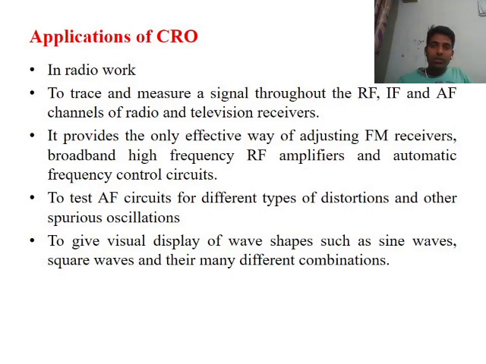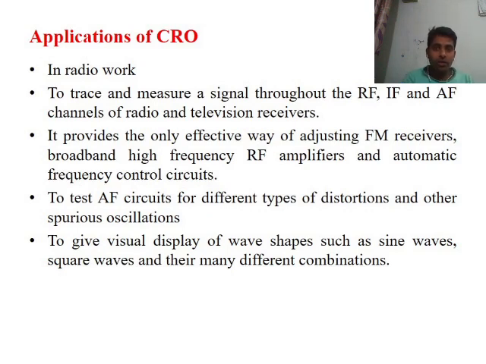As we know, the CRO is majorly used in circuit labs, especially for radio work, to feed signals to the circuit and to measure the signal shape, frequency, amplitude, time, everything. It is used for adjusting FM receivers' bandwidth in high frequency RF amplifiers, and also to check the modulated signal properties.